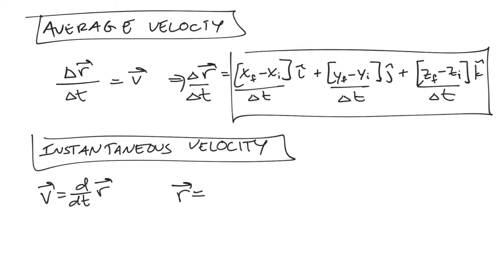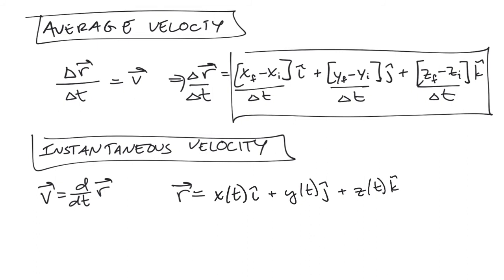So for example, you could write a generalized r vector in terms of functions. So this could be the x function as a function of time in the i direction, plus a y function in the j direction, plus a z function in the k direction. So you can have functions for each of those different components, the x, the y, and the z.